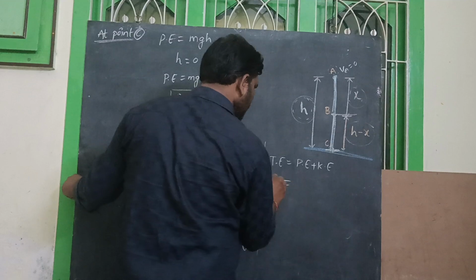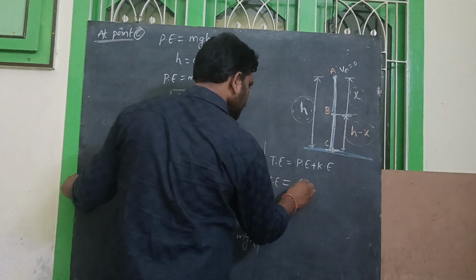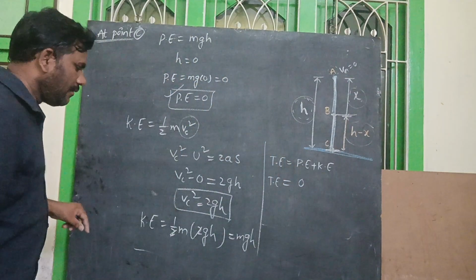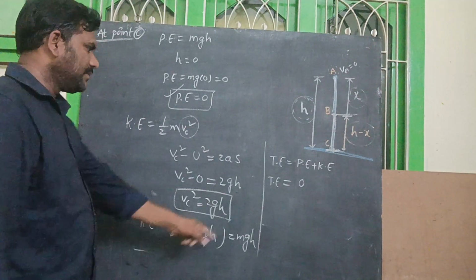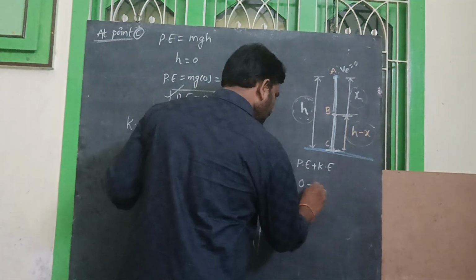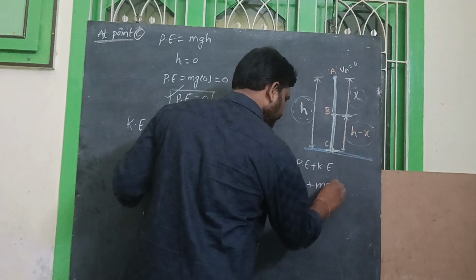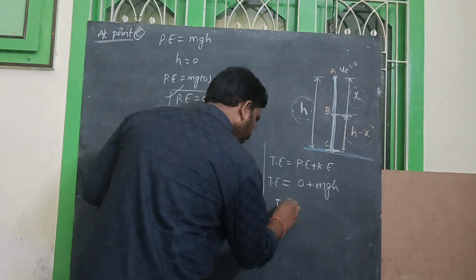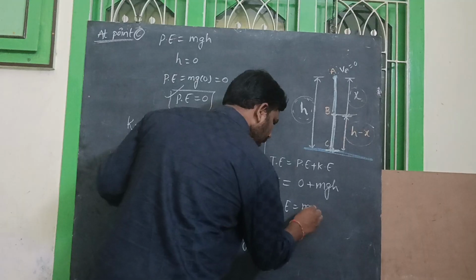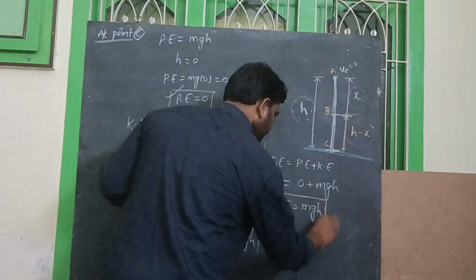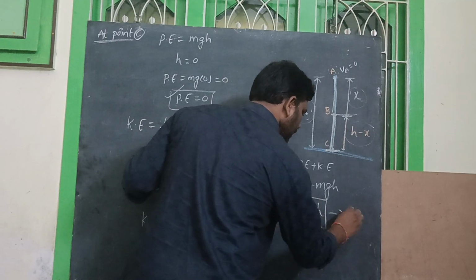So what is the potential energy here? The potential energy is going to be 0. And what is the kinetic energy here? mgh. 0 plus mgh. So therefore, the total energy is equal to mgh. So that is equation number 3.